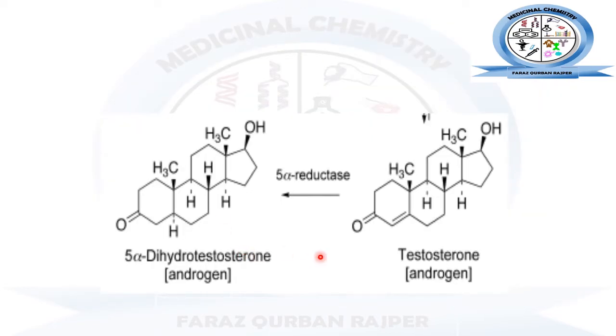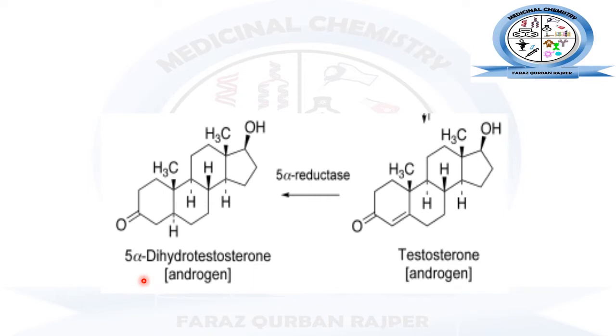So this is the chemical reaction. In this reaction you may observe that this is the testosterone or androgenic molecule, which is being metabolized. This reaction shows the metabolism of testosterone. It will be acted upon by the 5-alpha reductase enzyme, and ultimately this will cause reduction at this position and the new 5-alpha dihydrotestosterone is formed, which is abbreviated as DHT.